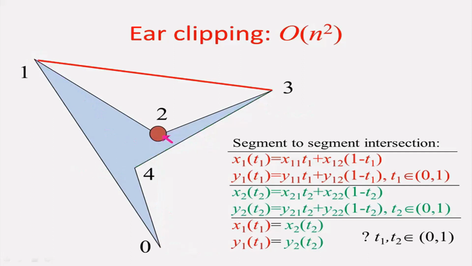When repeating the test for vertex 2, we can realize that the diagonal candidate connecting the previous and next vertices doesn't intersect any edge, but it is fully outside of the polygon. So additionally, we should also test for this. We can select an arbitrary point, for example the middle point of this candidate, and determine whether this middle point is inside the polygon.